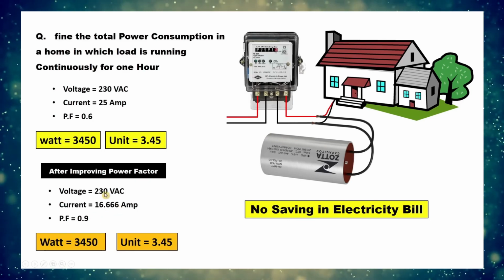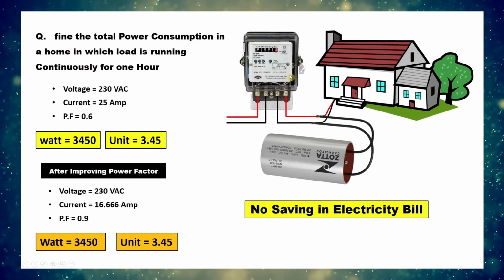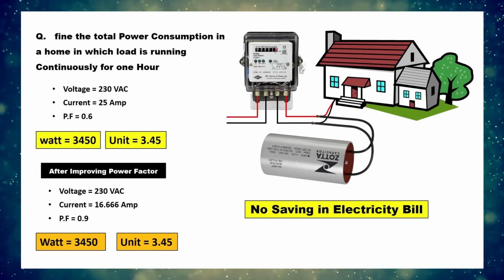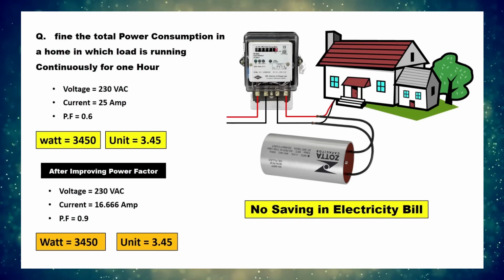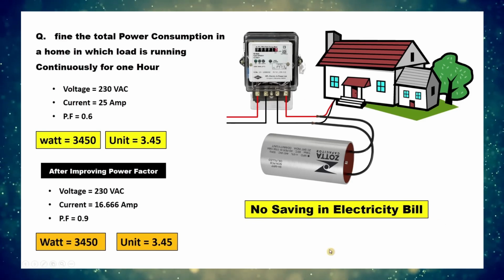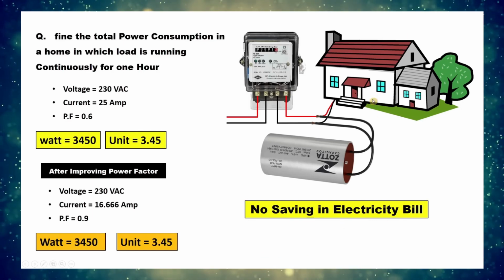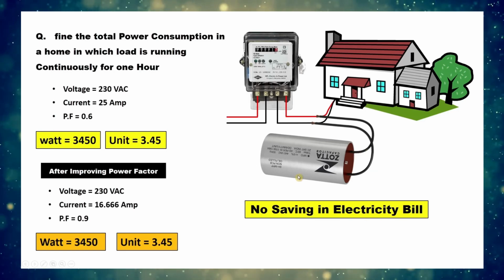You can understand this in one more way. The energy meter we have in our home: the power consumed earlier in 1 hour, the same power is consumed now. It means in our home, when voltage was 230 and 25 amp current was flowing, the power factor was low at that time, and power consumption was 3.45 units.